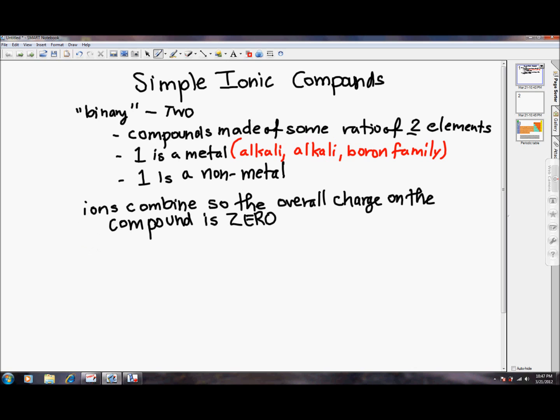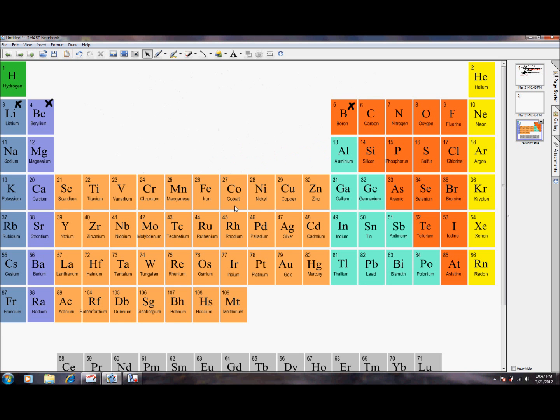So let's start with sodium. That'll be our metal, and oxygen. Okay, so take a look at your periodic tables and let's look to see what's the oxidation number for sodium, and here's oxygen, the oxidation number for oxygen.